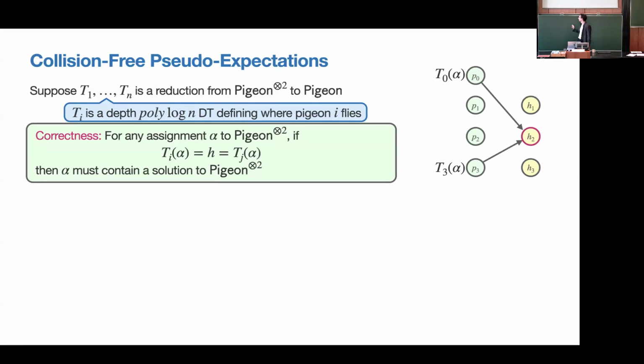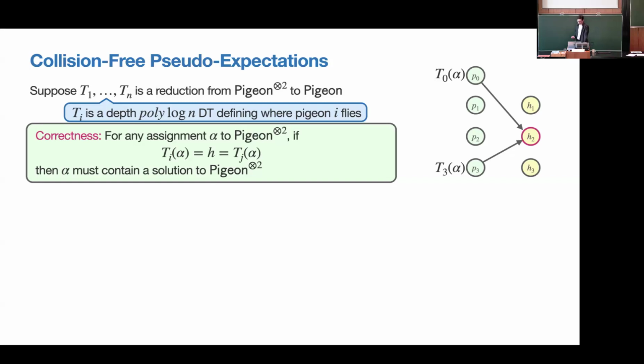So in particular, I'm ignoring mappings back from solutions of pigeon to pigeon squared. I'm just going to enforce that alpha, the assignment to pigeon squared, actually has to contain a solution. So the partial assignment. Yes. For it, yes, the source functions.